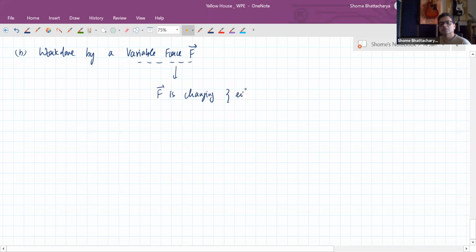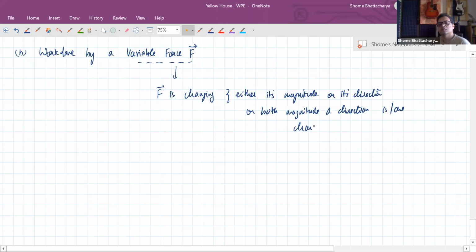That is either its magnitude or its direction, okay, or both magnitude and direction is or are changing during the displacement of its point of application.